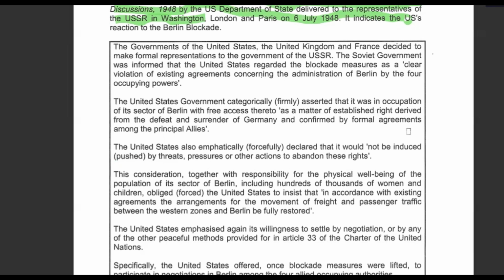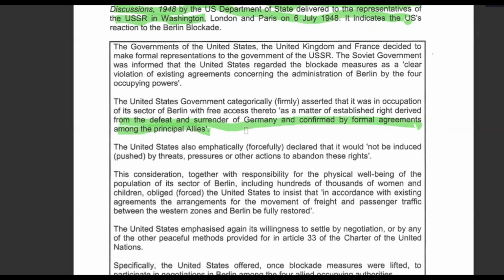So the first is that the blockade itself went against what the powers had agreed upon. So it did not go according to the formal agreements of the principal allies.